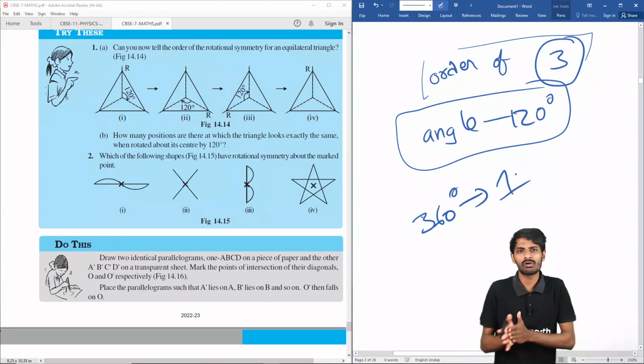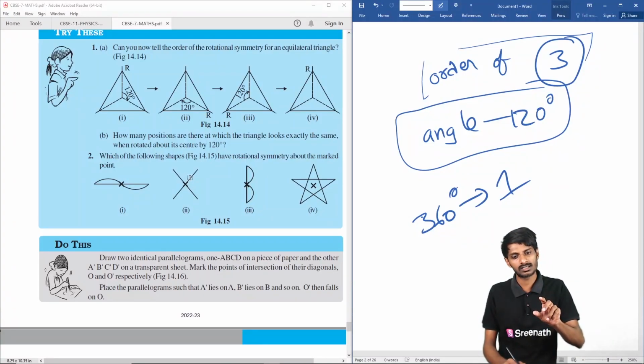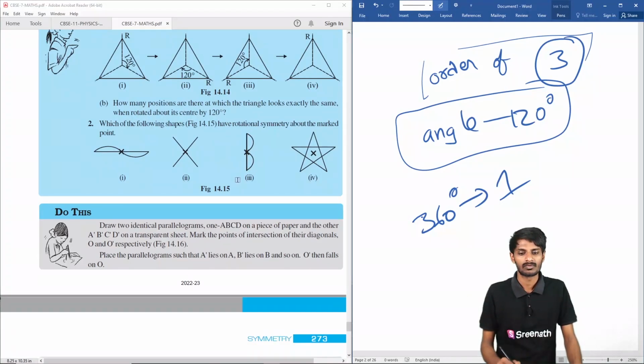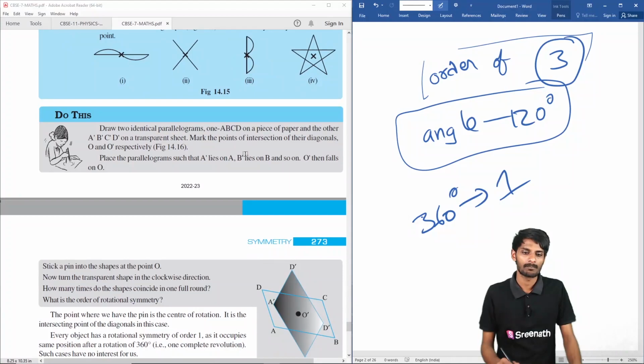It is quite common to every object, so it can't be counted. So it is not having rotational symmetry. Does this one have rotational symmetry? If you rotate it, no. It is having line symmetry, yes, but for rotational symmetry, it takes 1 time.